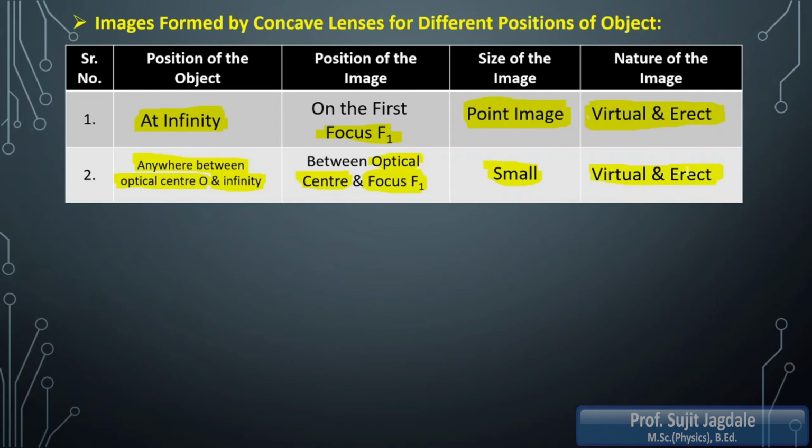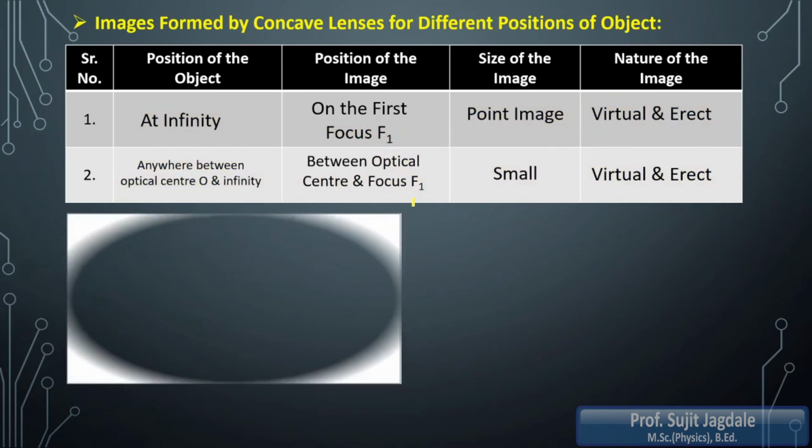So here we can make a general conclusion that for concave lenses, the image formed is always virtual and erect, and in the case of a convex lens the nature of the image depends on the position of the object where it is kept. Most of the time it is real and inverted, but in the last case it is changing. So in this way we are able to consider the images obtained by the concave lens for the different positions.